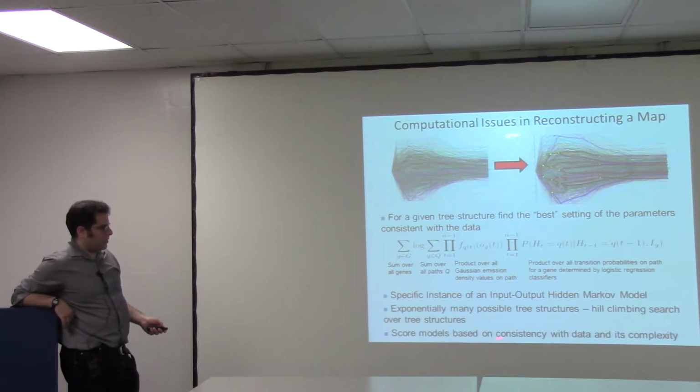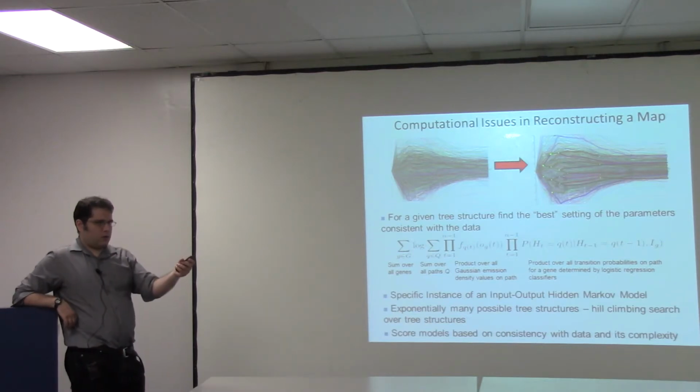And one issue here is that as you add more and more paths, your likelihood can improve just because you have more parameters.